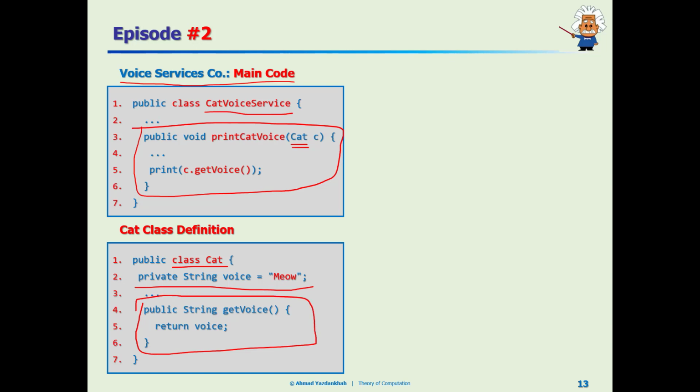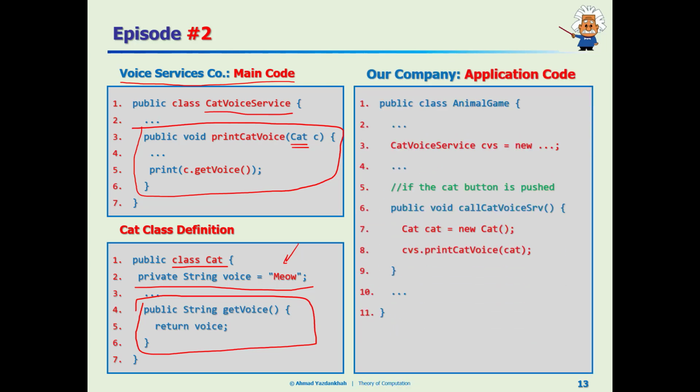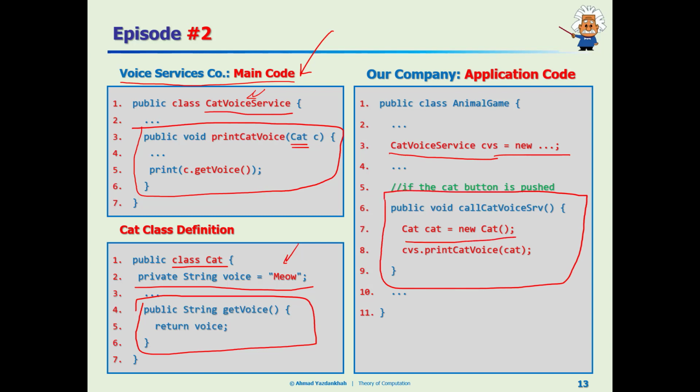that returns this value. All right, and let's see how we can create our application. So for our application, we assume that we already have this code as a library, and I will show you how we can do that. Then we instantiate this class, this guy here, and then in this method, we are going to instantiate a cat, and we use this reference to call this method.